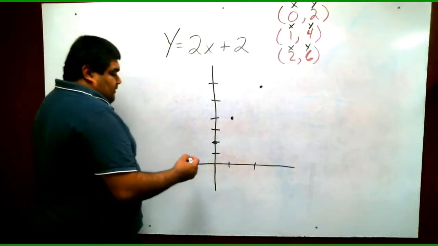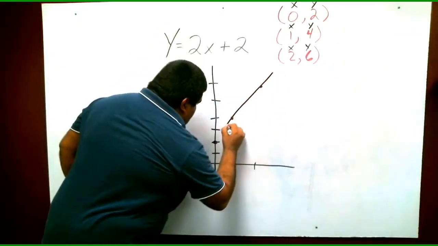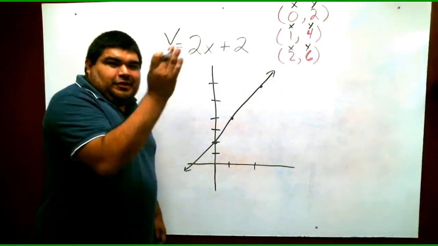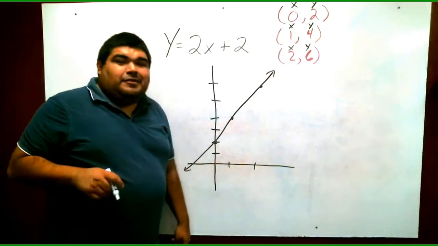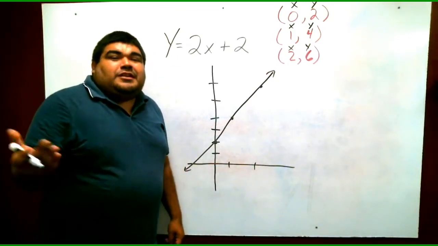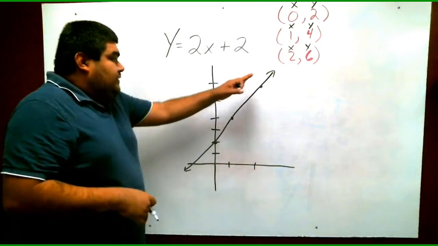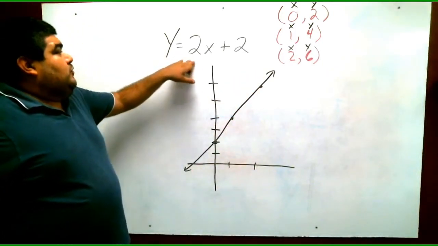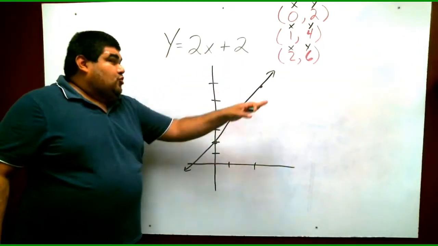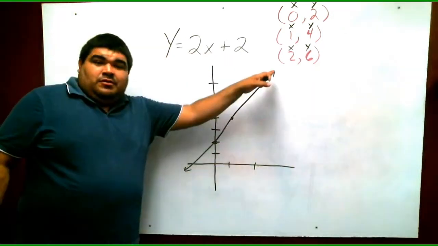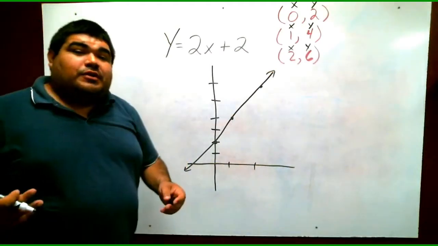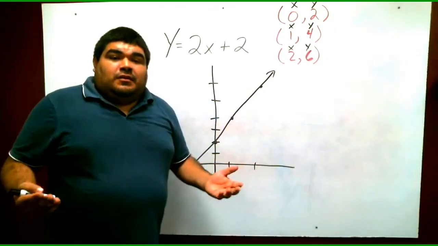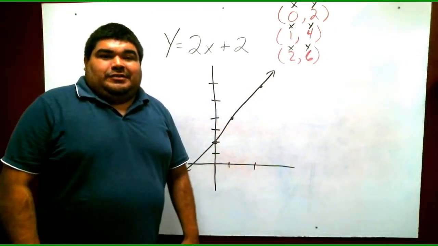Now we connect the dots. Notice that my line's a little off. It's okay. It's a little crooked because I missed points to try to hit them all. Remember, this is not art class, okay? Notice that this new line is more accurate. So this equation y equals 2x plus 2 is shown by the graph here, more precise, because it tells you where the points are located at, where it hits. And that's how you graph using coordinates.